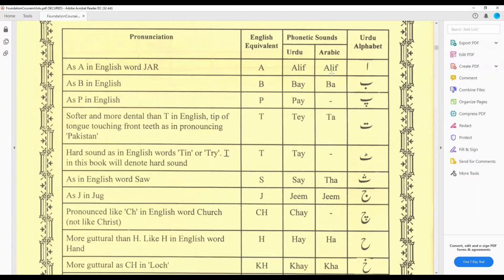In Urdu, we say alif. Alif stands for A in the English alphabet. Any word starting with alif, A. Yes, A equals alif.